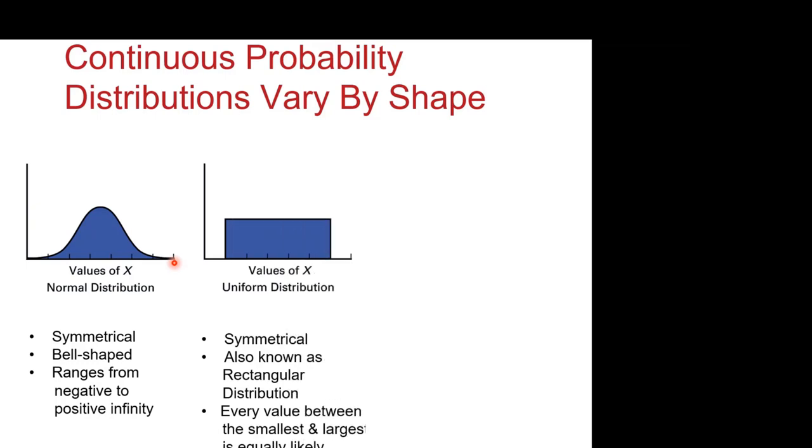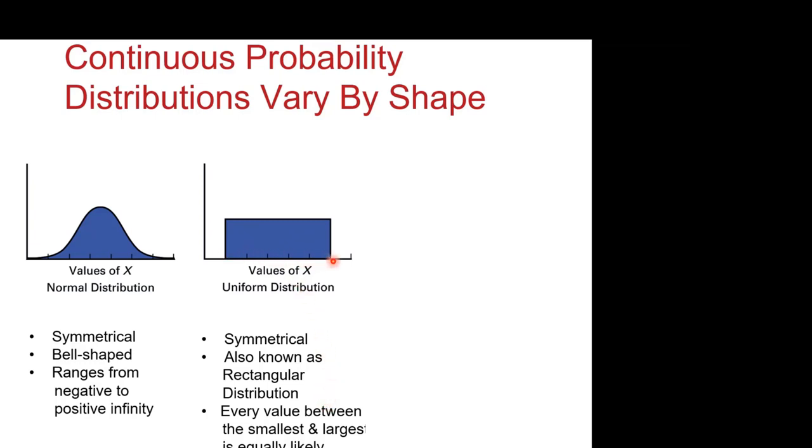The next category of continuous probability distribution is the uniform distribution. For the uniform distribution, the shape is normally rectangular. It is also a symmetrical shape, and every value between the smallest and the largest is equally likely.